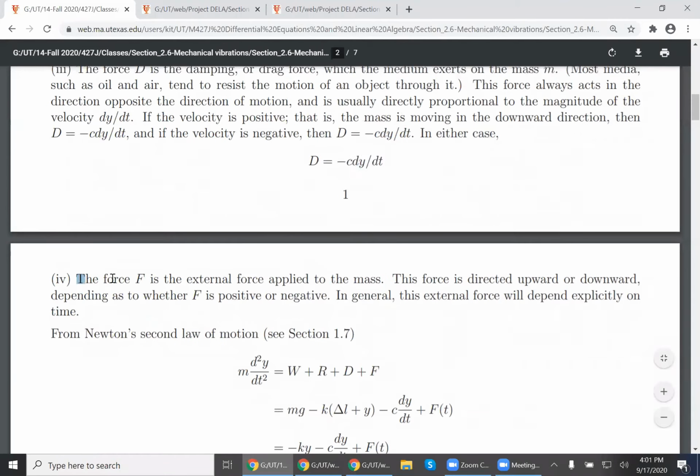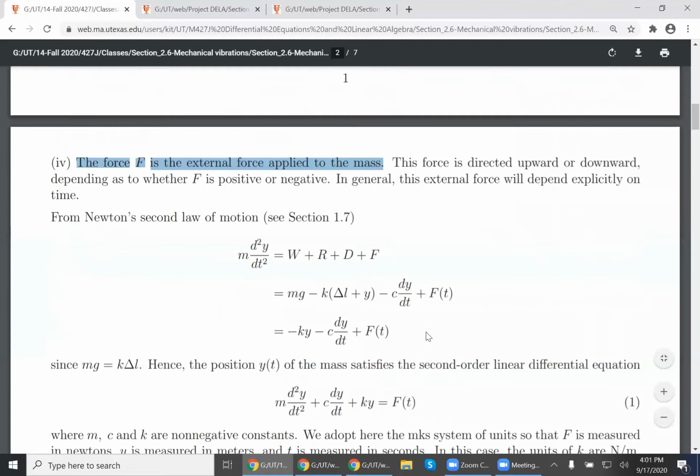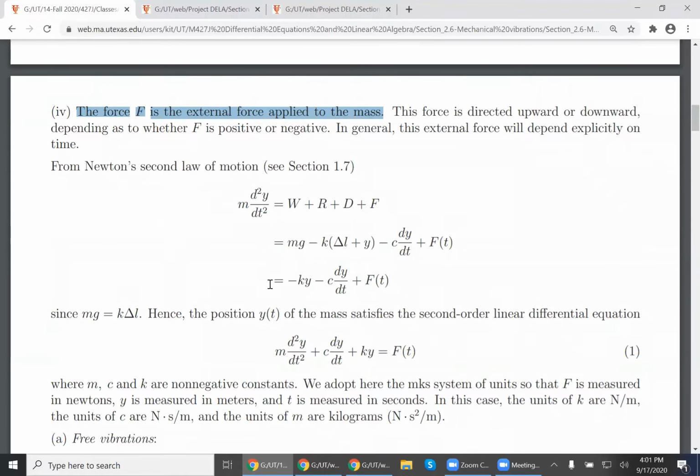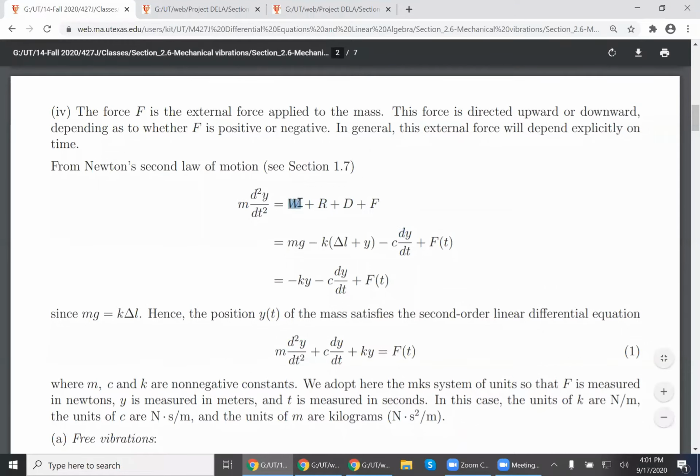Lastly, the force F is the external force applied to the mass. Now let us put the pieces together. By Newton's second law of motion, m times y prime prime is W plus R plus D plus F. Now let us replace these by the corresponding formulas.